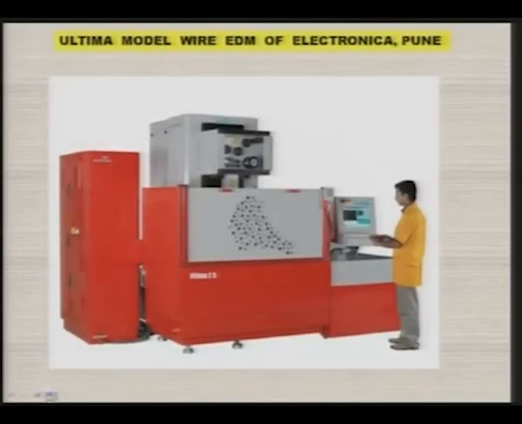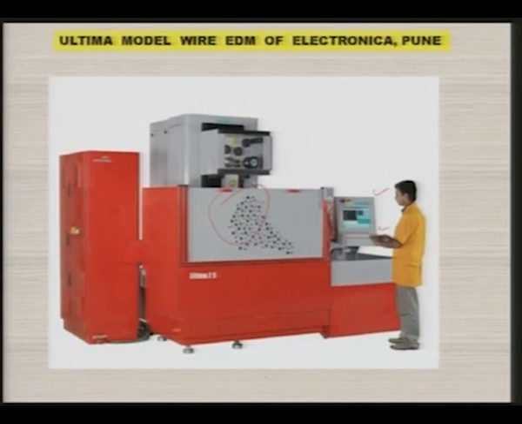Here is the machine which has been developed by Electronica Pune. It shows the picture or photographs of the Ultima model wire EDM machine developed by the Electronica. As you can see, here is the screen, and inside this there is the machining area, and all parameters or other various things you can control from the screen and the panel given over there.